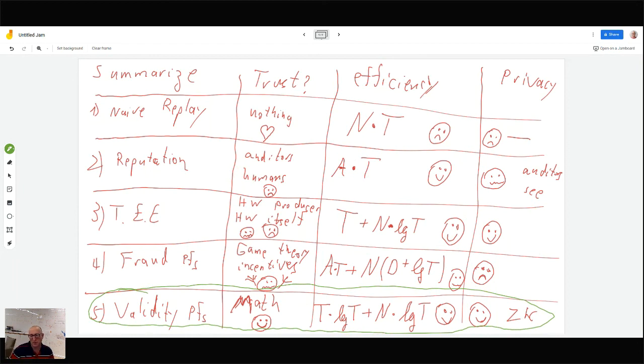We at StarkWare are working very hard. There are other amazing teams out there, Aztec for one, the Zcash team. They're working very hard to make validity proofs work on a much larger scale and everywhere. It's going to take some time, but they're going to get there. I want to mention one other thing, which is that the reputation-based system, as articulated by Paul Krugman and a lot of economists, first of all, they're very happy with the reputation-based system, so they don't have that much of an incentive to change it.